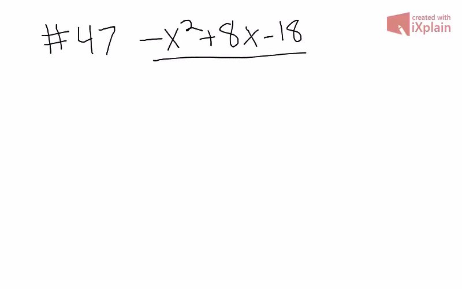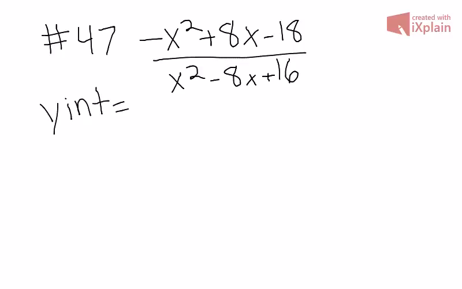Cool. Number, let's see here. This is me doing 47, like I promised. So I just kind of write all that out. All right. So going through and doing the y-intercept, you're basically just plugging in 0 for all of those.